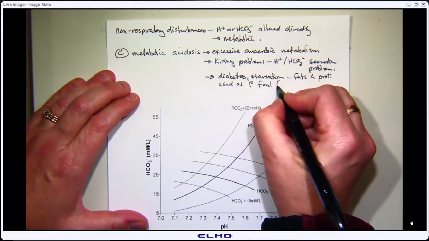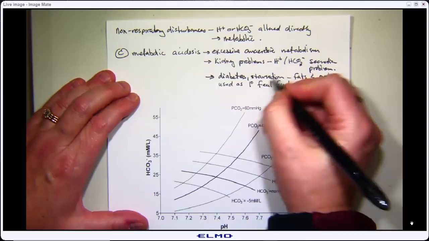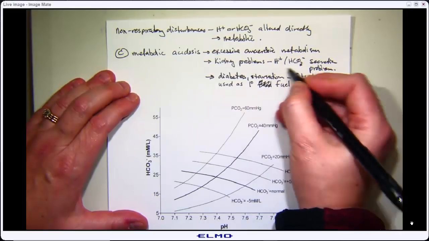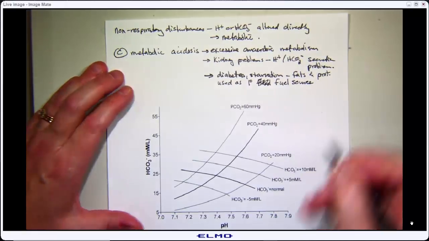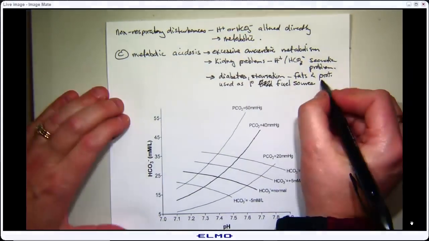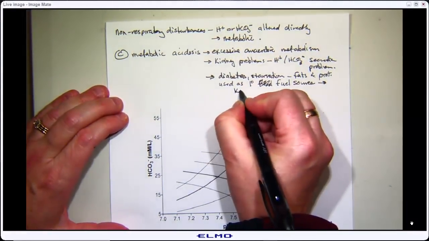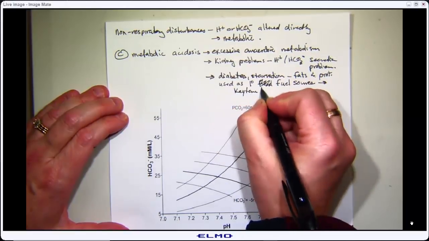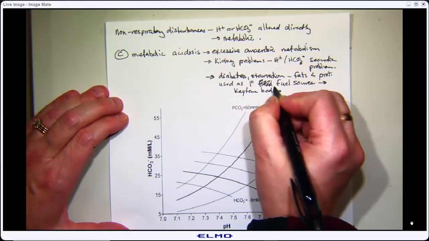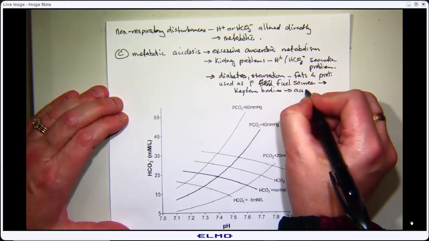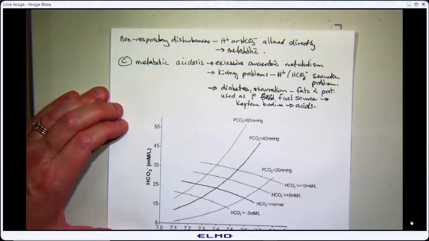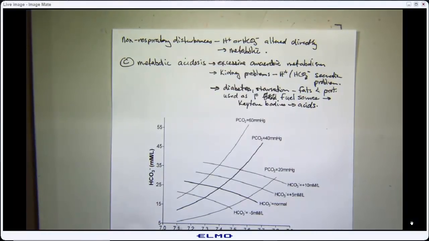That's how they spell fuel. Oh my God. Let's go with that. Fuel source. Okay, so then this creates ketone bodies, which are acidic.